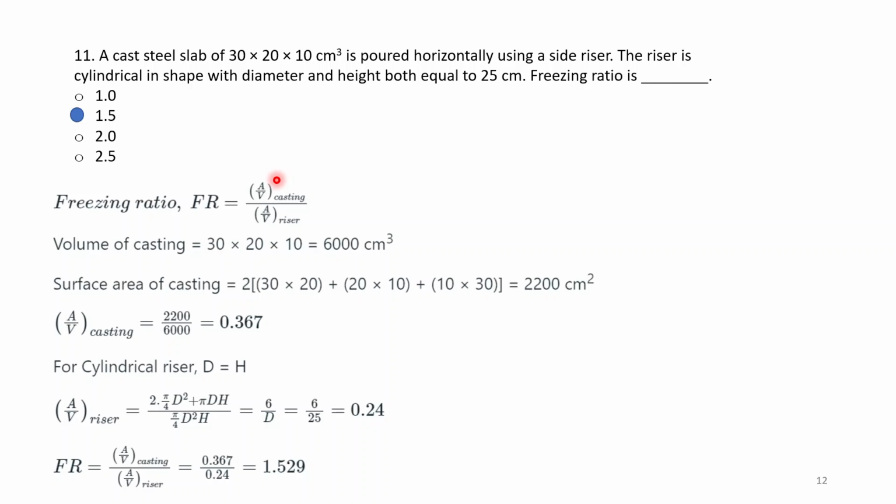It is area upon volume of casting divided by area upon volume of riser. For these various geometries you need to remember various formulas for the surface area as well as volumes. After calculating volume and area, you can find the answer will be 1.5.